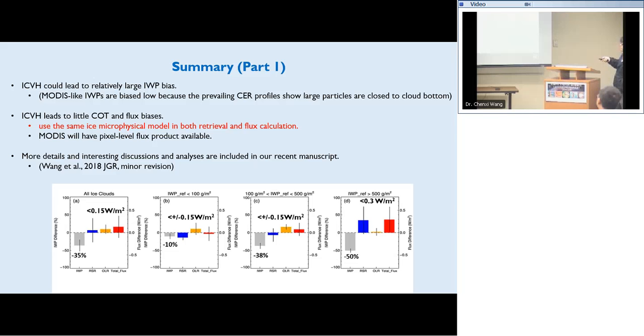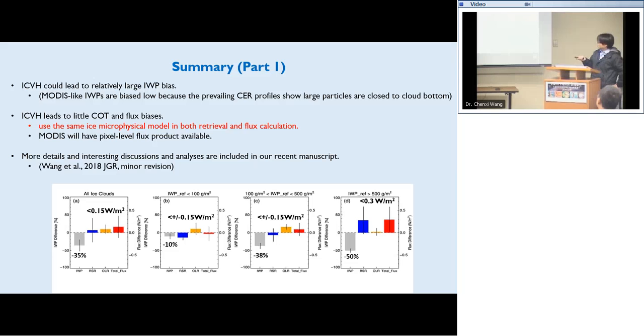For MODIS, it underestimates global ice water path by minus 35% for global ice cloud over ocean. But for very thin clouds, the underestimation is not that strong, about minus 10%. As the clouds get thicker and thicker, for very thick clouds, the underestimation is minus 50%.